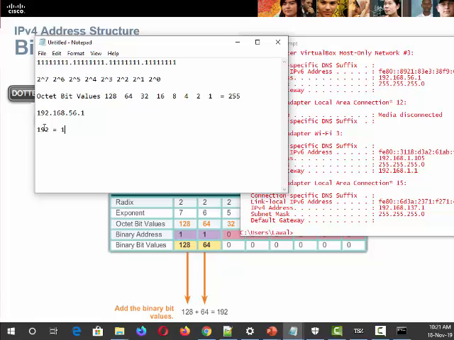What will remain? 64. That means the bit of 64 is also on. We don't have anything left, right? That means the others are off. That is the binary for 192.